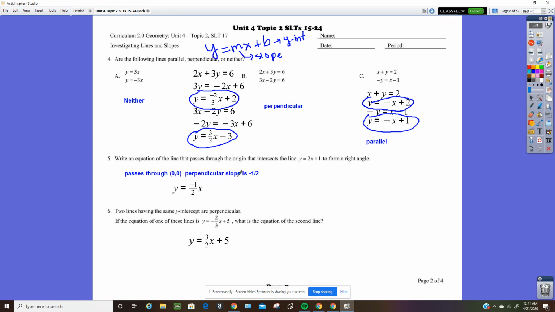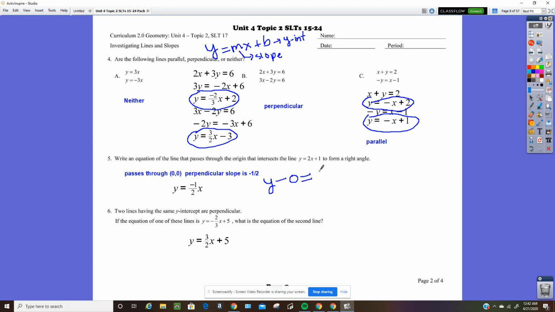So you'll see in one of the check for understandings that they did a point-slope formula line, so they did y minus 0 equals negative 1/2 times x minus 0. I'm having trouble with the tablet here.